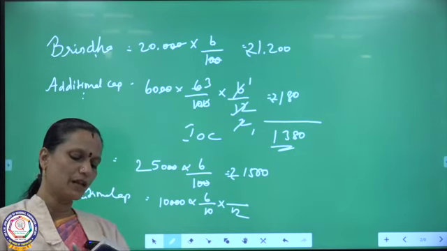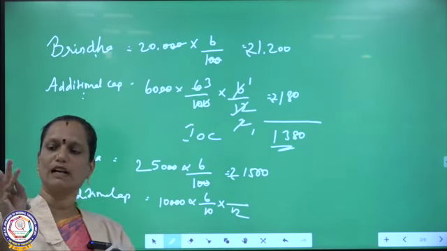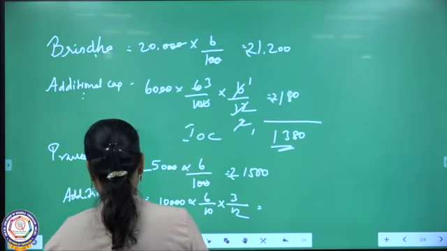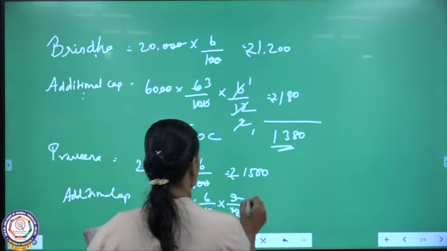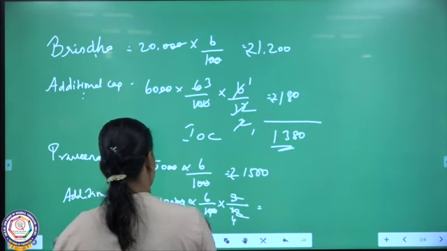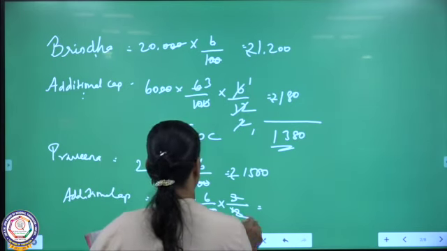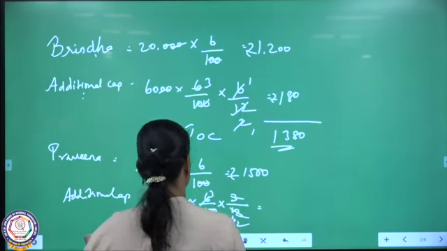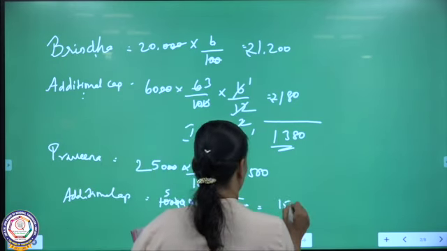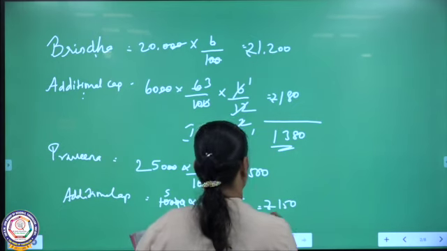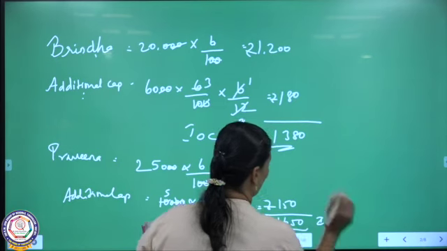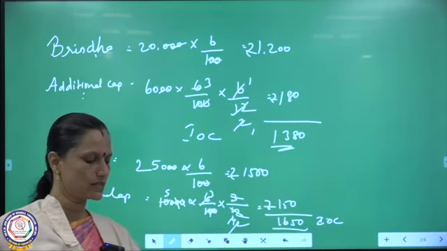So, how many months? October only she introduced. So, October, November, December, 3 months only we have to calculate, okay, children. So, 150 rupees, okay. So, 1,650 rupees interest on capital, okay. Do you understand, children? Copy this.